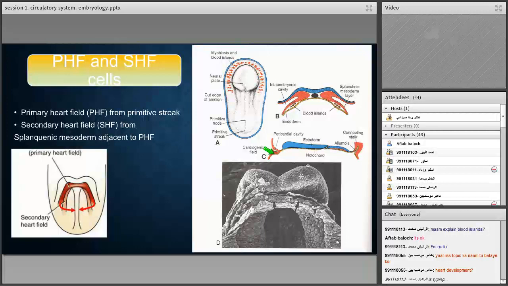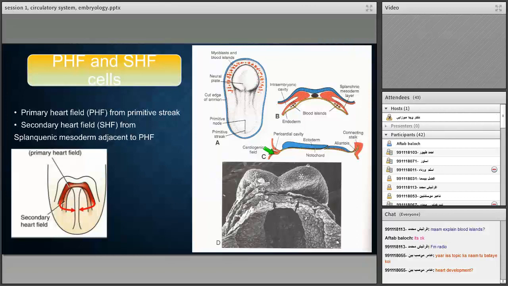Look at here, we have this membrane. These cells are placed at the anterior side of the buccopharyngeal membrane, in the splanchnic layer of the mesoderm, the lateral plate mesoderm.